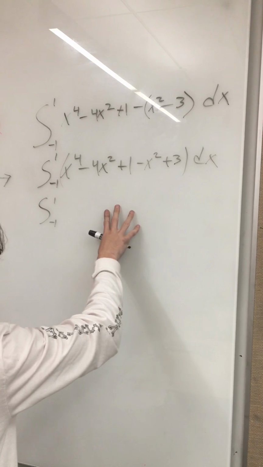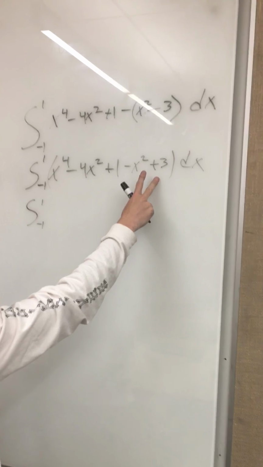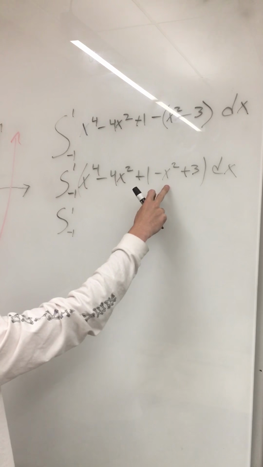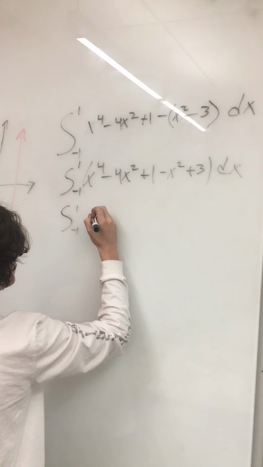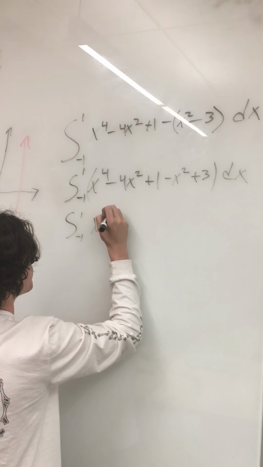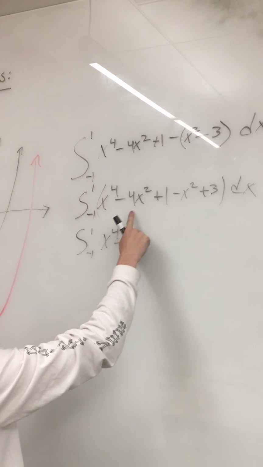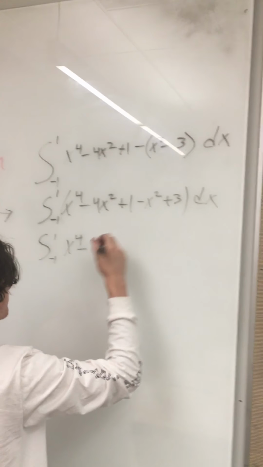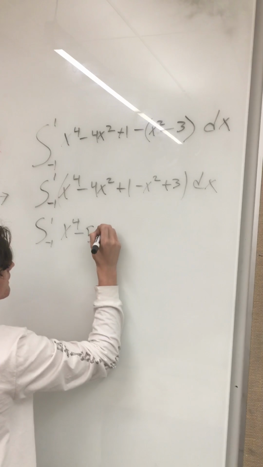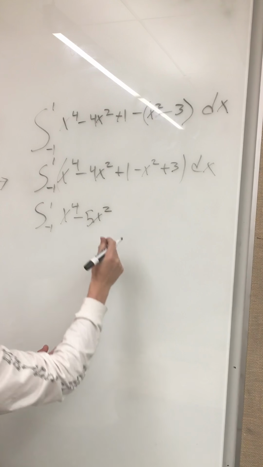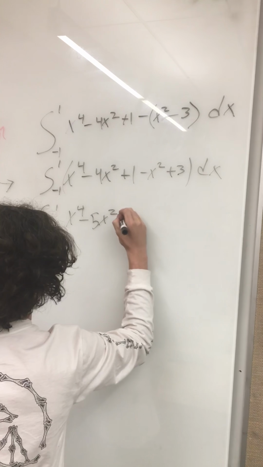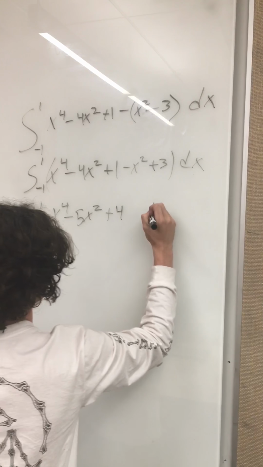You can combine the 3 and the 1, and then the x squared and the 4x squared, so you'll get x to the 4th minus 5x squared, because you got minus x squared here, and then you got these two plus 4 dx.